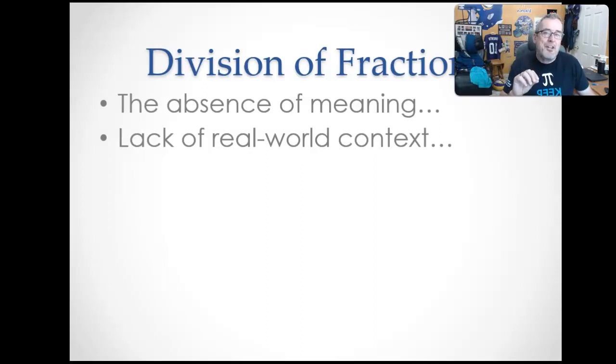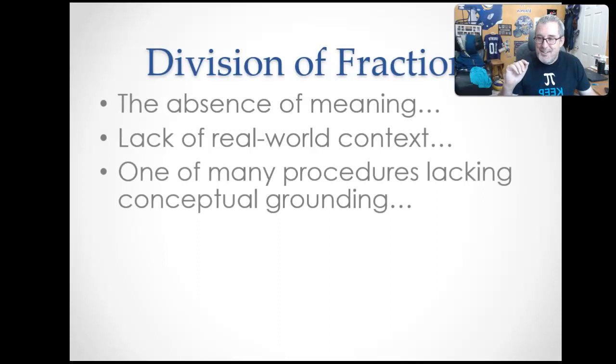But can you imagine a real world context where, outside of academics, outside of your 5th, 6th, 7th grade life, you were in a situation where you said, oh my goodness, I have to divide these fractions? And this is one of just many procedures lacking conceptual grounding.